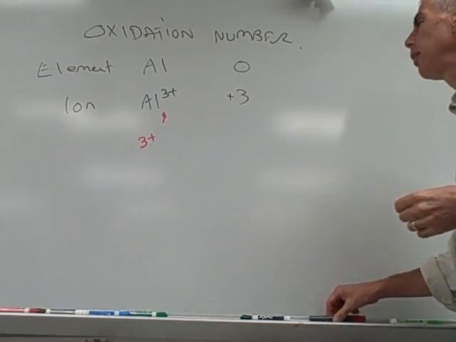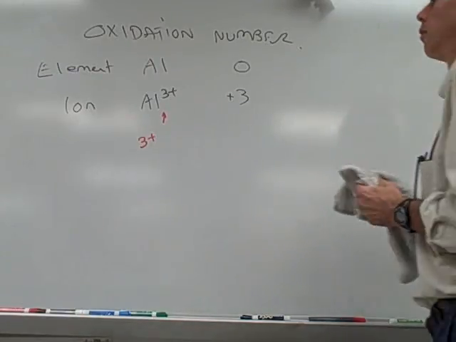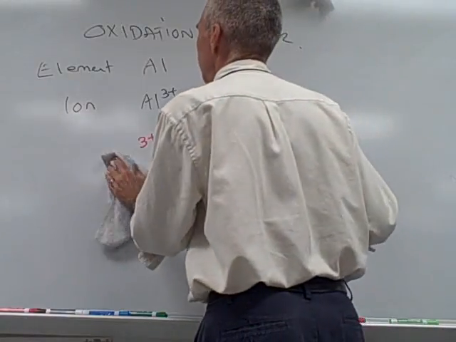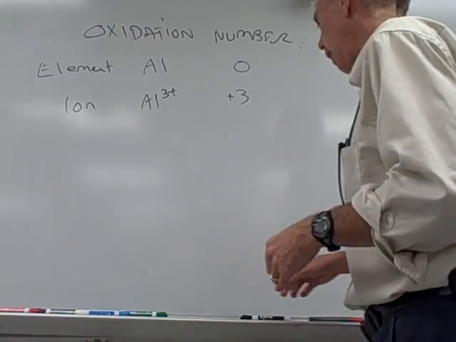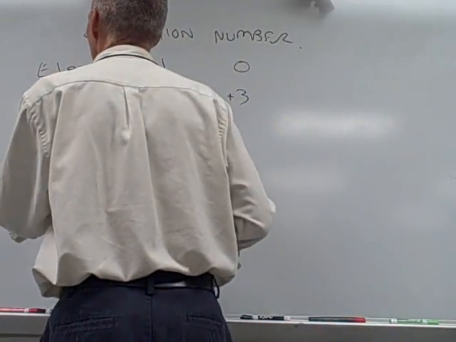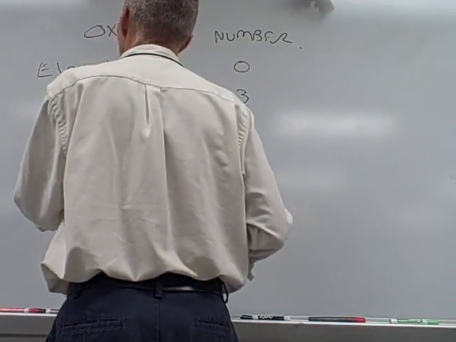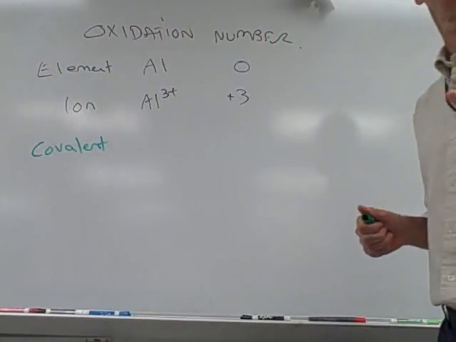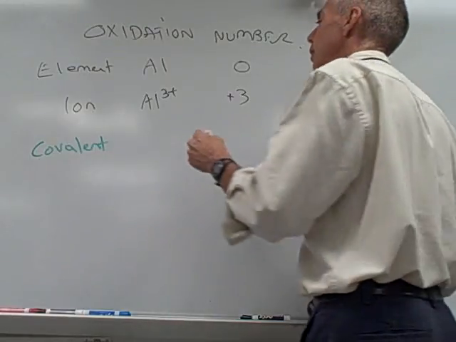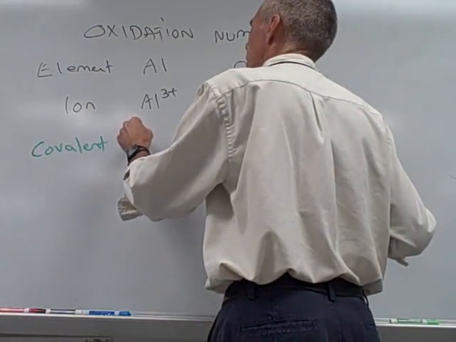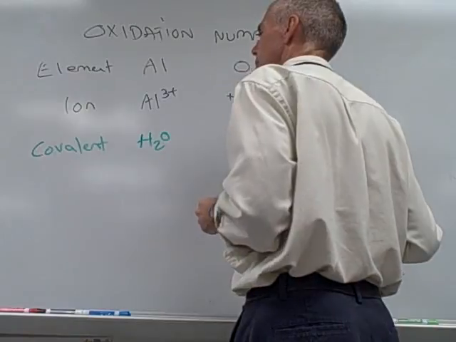Now we get into the weird bits. If it's ionically bonded, then it's easy to tell because, again, we just go with the charge. However, if we have something that is covalently bonded, they still can have an oxidation number. Example, let's start with a simple one, water.